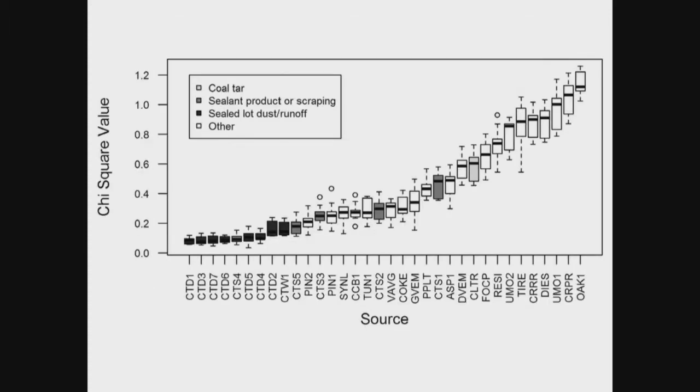So then we also looked at a chi-square value. So this is a statistical test telling us how similar our samples are compared to other things. And so the more similar they are, the lower they are on this y-axis. And so we ordered these from left to right, from most similar to least similar. And you can see the first whole bunch there are all CT, coal tar samples. And the darkening in of those are from pavement sealcoat dust and runoff.